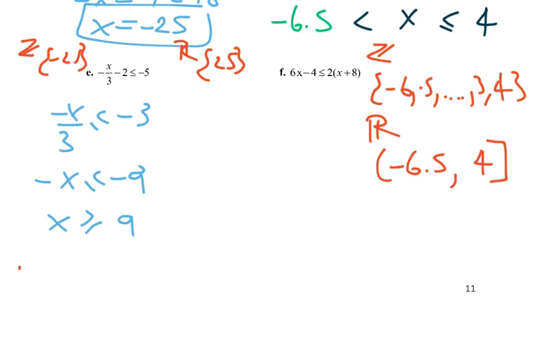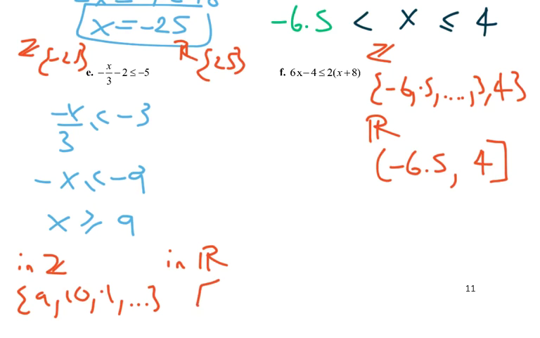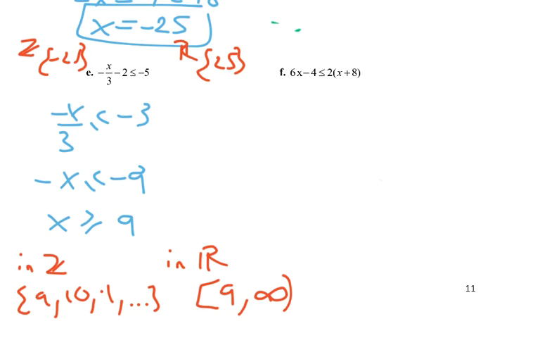So if we're solving in Z, we're going to have all the integers that are bigger or equal to 9. So 9, 10, 11, and so on. In real numbers, we're going to have the interval including 9, up to infinity.